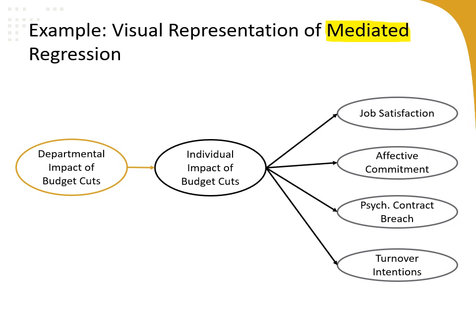So let's take a look at this. A mediation is saying that departmental budget cuts really don't have any main effect on the outcomes. The only reason that the departmental impact has an effect is because it impacts individual budget cuts. So in mediation, it's saying that this doesn't have a direct relationship with this.